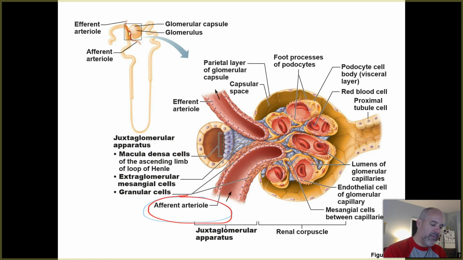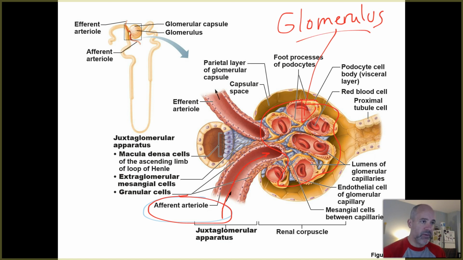All right, so we've got an afferent arteriole. So you've got blood coming in, and this wad that you see here, that is the glomerulus inside there. This whole thing in here, that's your glomerulus. So the glomerulus is actually a blood vessel. It's a capillary that's very leaky and is very good at allowing fluid and most solutes to pass across.